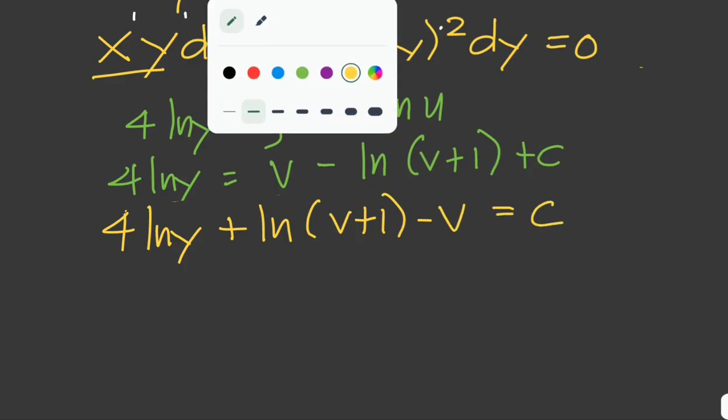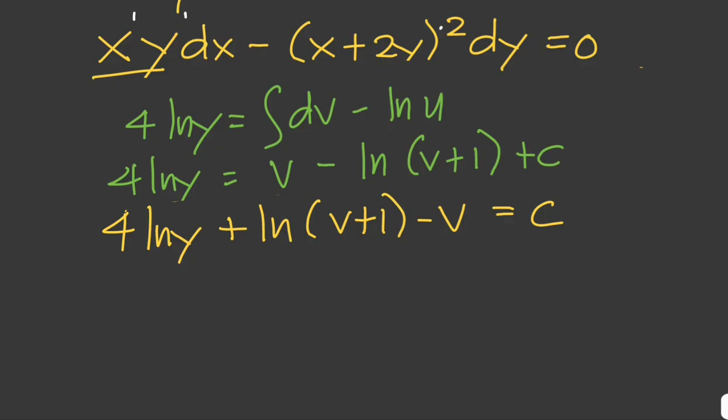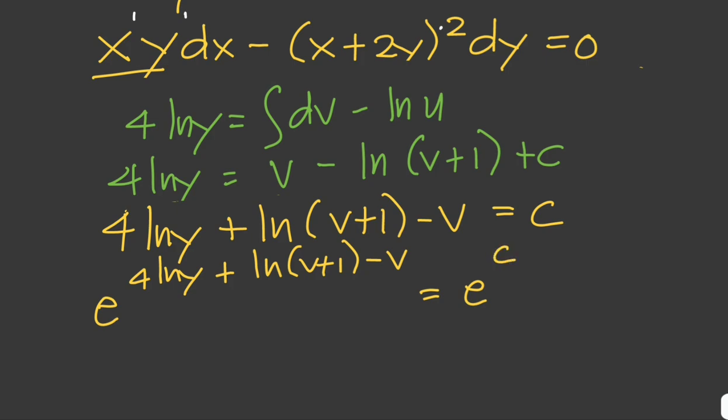And then we use the exponential function: e to the 4 ln of y plus ln of v plus 1 minus v equals e to the c. Since e to the power of a constant is also a constant, therefore e to the power of c is just equal to c.